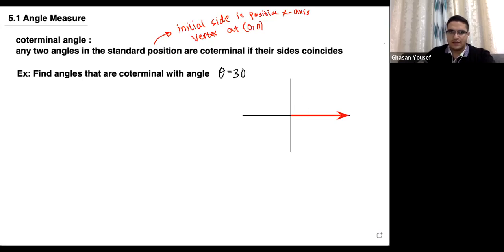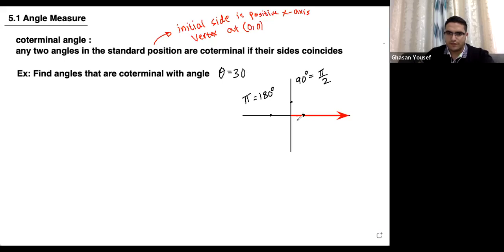Because the angle from this side to this side is 90 degrees. We should know this is 90 degrees; if you want to convert it to radians, it is pi over 2. From this point to this point it is 180 degrees, and 180 degrees in radians is pi.